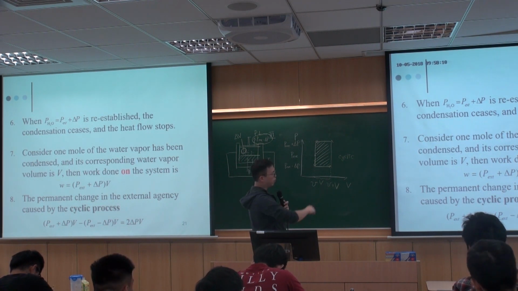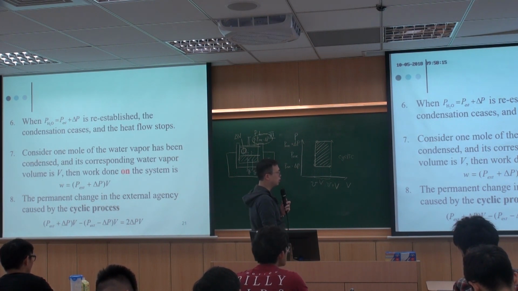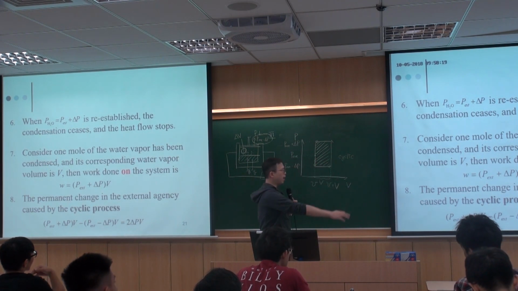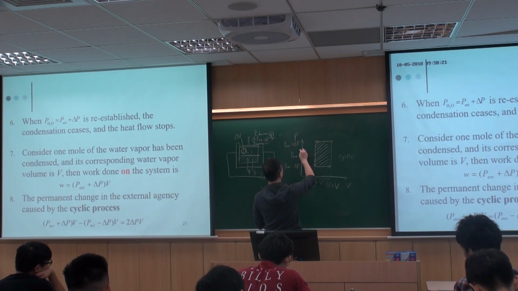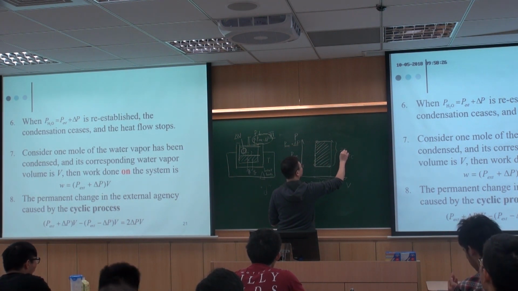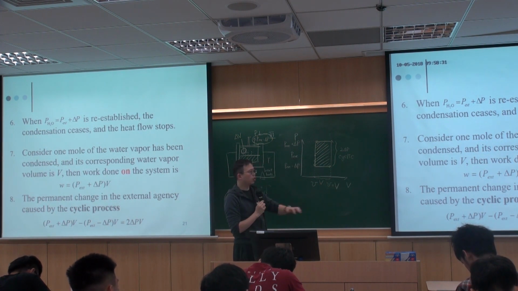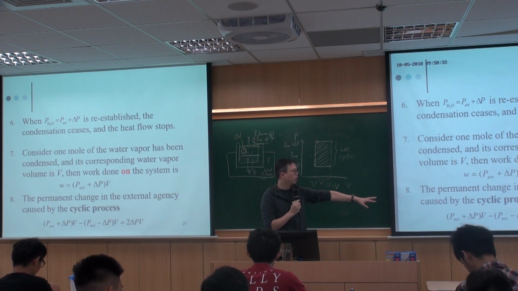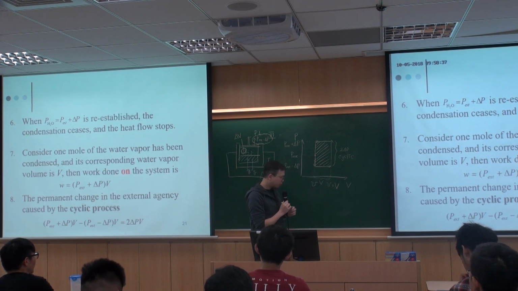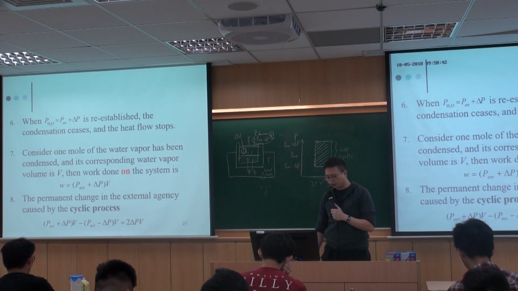Therefore, point A over here states that the permanent change in external agency caused by the cyclic process is the work difference. And so we know that this is 2 delta P, right? And this is V. So it turns out that it's the area within this cycle that gives us the, I would say, the work change.